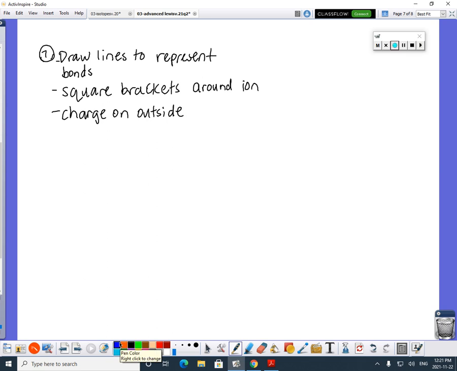Okay, so I'm going to draw lines to represent the bonds. So we had 2 pairs, 1 pair. Oops.